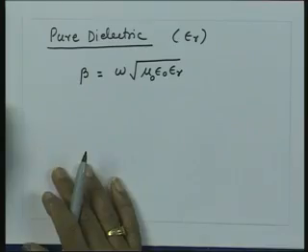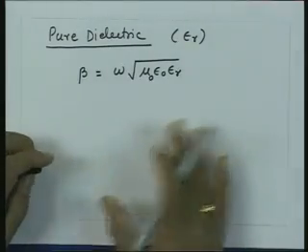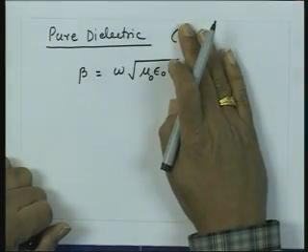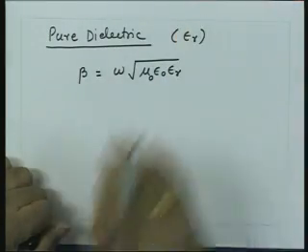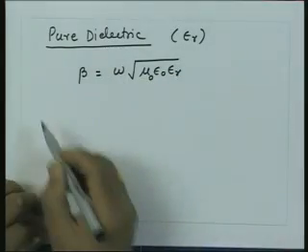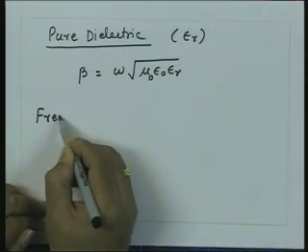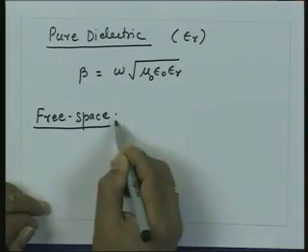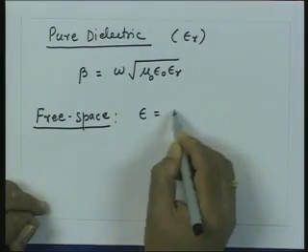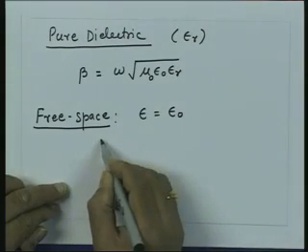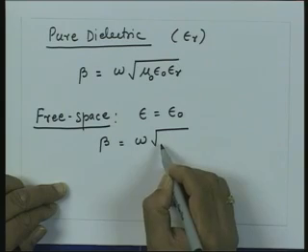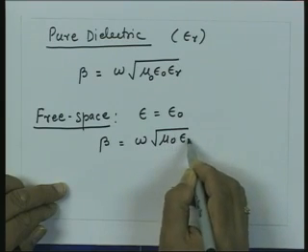Now, first let us consider a medium which is free space, that means epsilon r is 1. For free space, epsilon is equal to epsilon 0 and beta is equal to omega square root mu 0 epsilon 0.